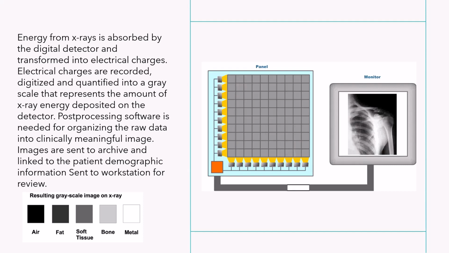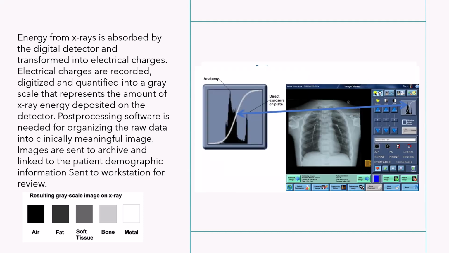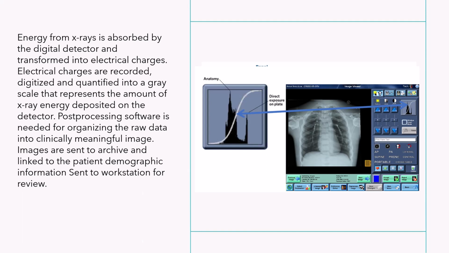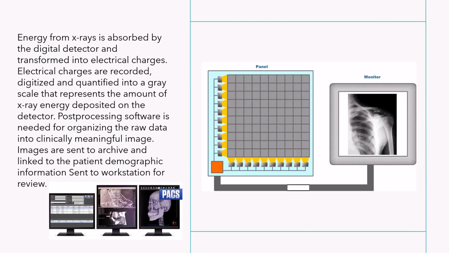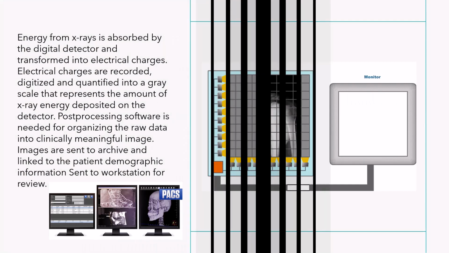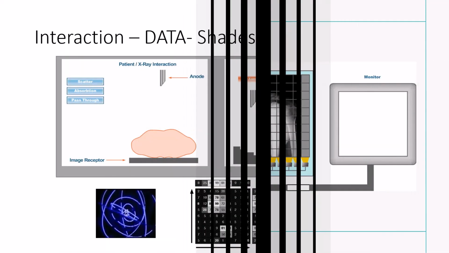The grayscale is then mapped to the monitor, creating the display image. Post-processing software is needed for organizing the raw data into clinically meaningful images. The images are sent to archive and linked to patient demographic information and then sent to a workstation for review.